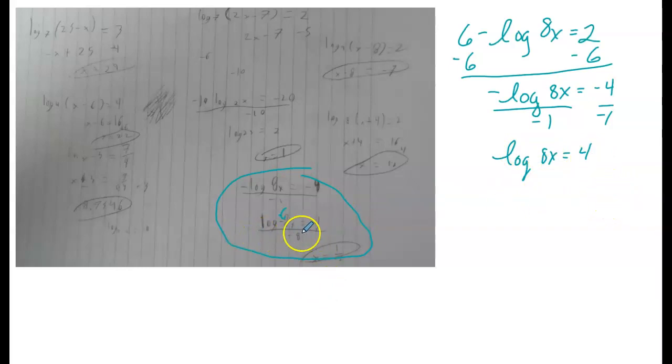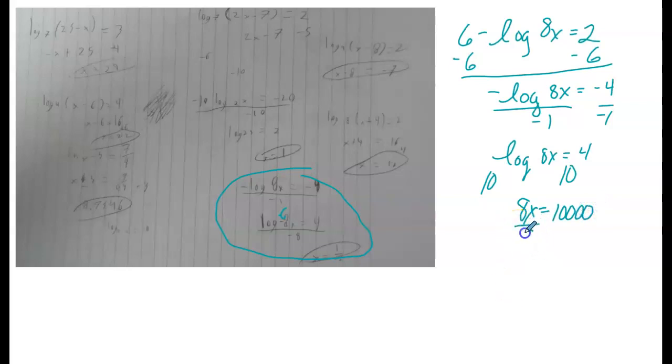You also cannot undo a logarithm with division. The log would not just disappear. So to undo a common log, you exponentiate both sides with a base of 10. And then by the inverse property, 8x is equal to 10 to the 4th power, which would be 10,000.